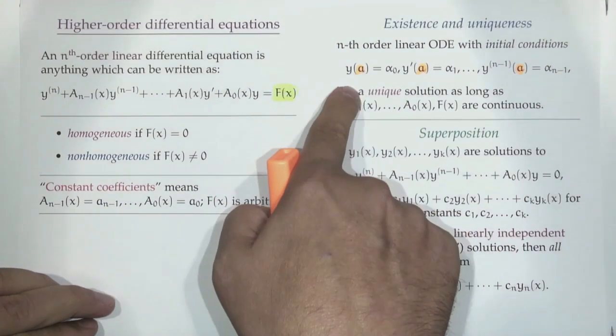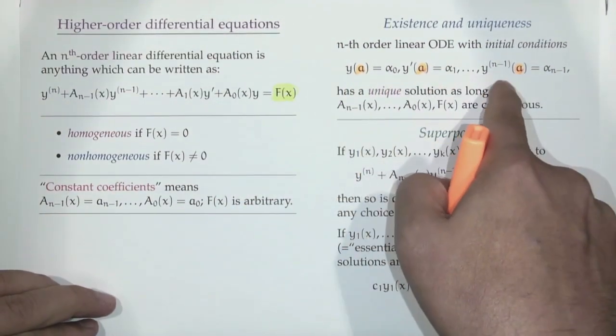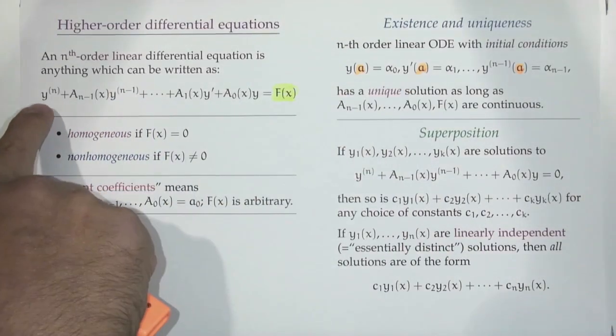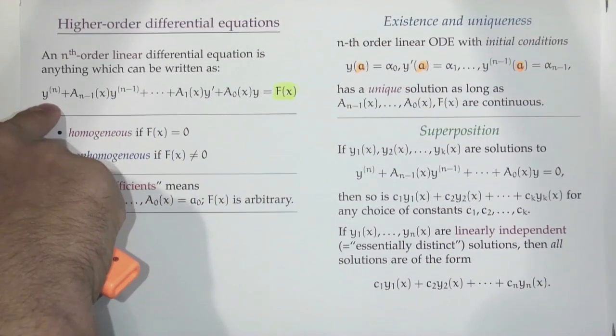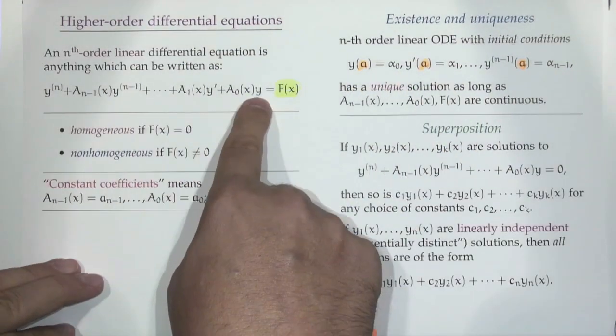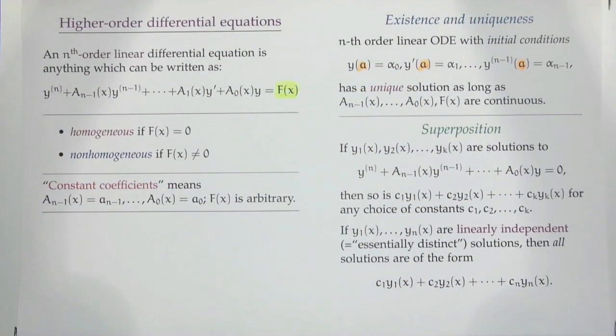So we say what's the function at a, what's the derivative at a, all the way up to the n minus first derivative at a. So we're just saying at this particular point, we understand what's happening. And then we say, and look, I can tell you what the nth derivative does. So if we combine these two things together, then there's a unique solution.